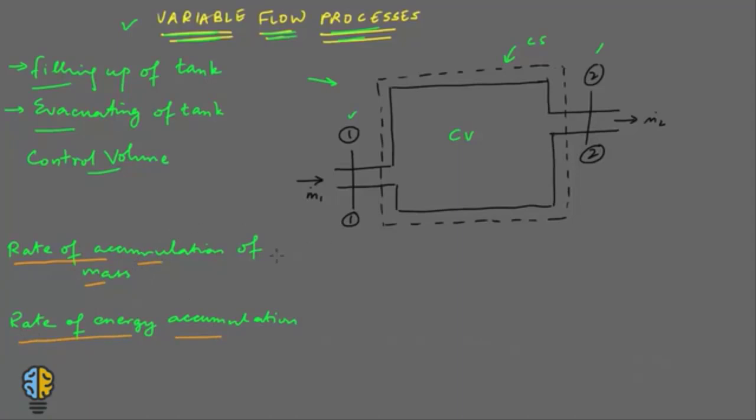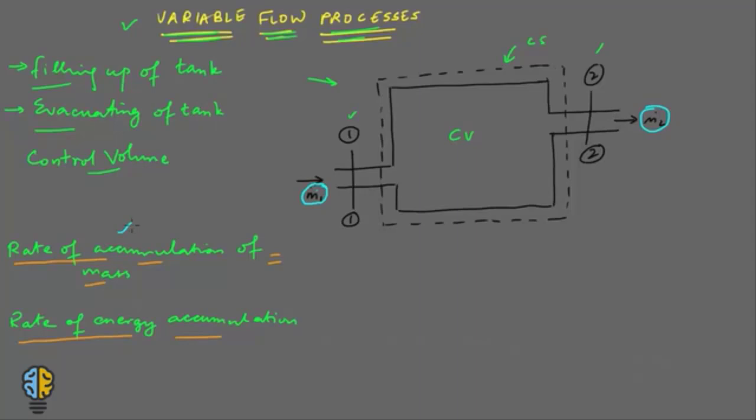So the rate of accumulation of mass within the control volume is equal to the net rate of mass flow across the control surface. Net rate means the mass flow rate coming in minus the mass flow rate going out.